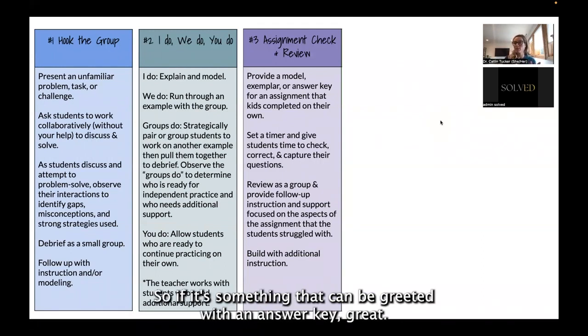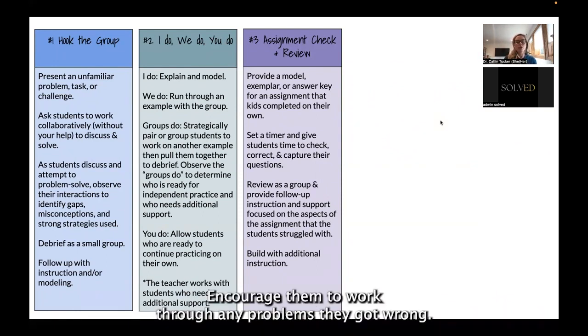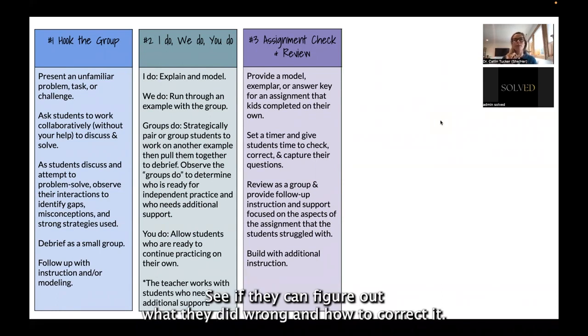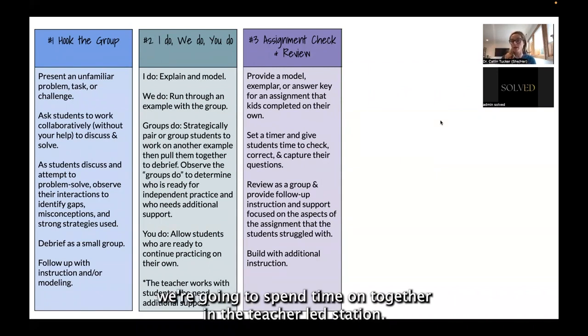So if it's something that can be graded with an answer key, great. Give them an answer key, encourage them to work through any problems they got wrong, see if they can figure out what they did wrong and how to correct it. And if they can't figure it out, make sure we circle that because that's what we're going to spend time on together in the teacher-led station.